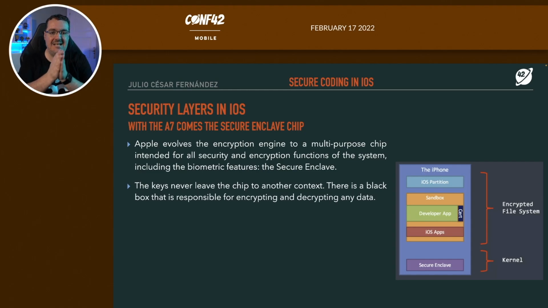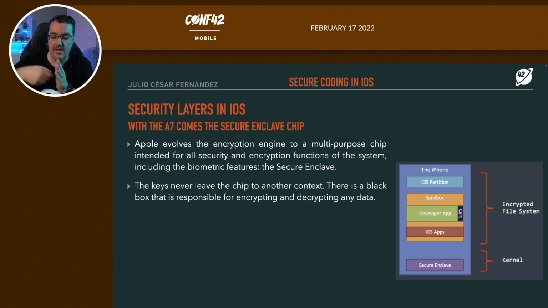The keys never leave the chip to another context. The keys that the system uses, or the biometric data for Touch ID or Face ID, never leave the chip to another context. Secure Enclave is a black box, responsible for encrypting and decrypting any data.